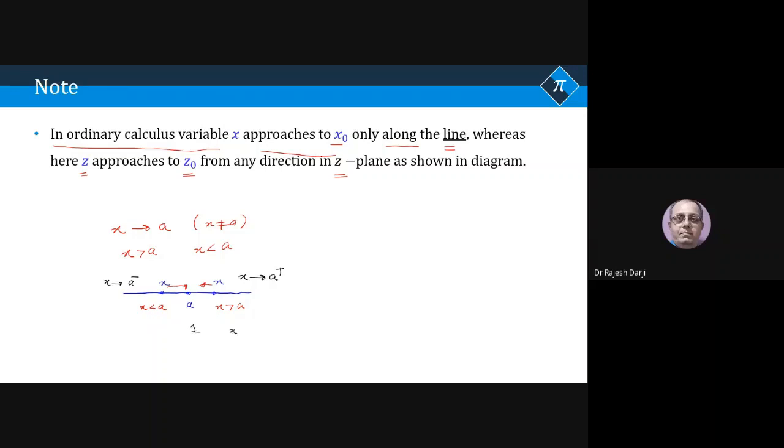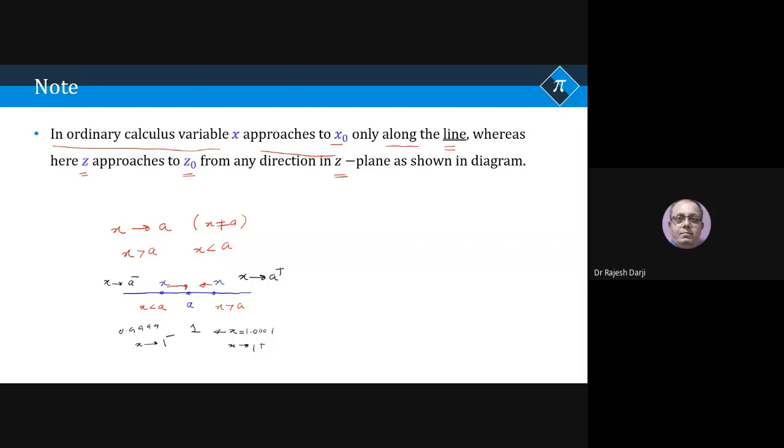So here if you take x equal to 1.0001, then you can say that x approaches 1 from 1 plus. और यहाँ पे ले लो आप 0.9999, then you can say that x tends to 1 minus.